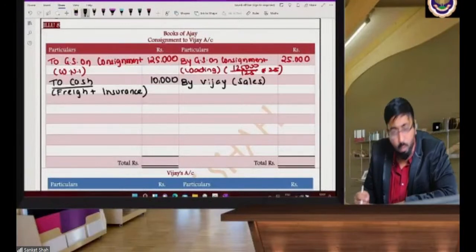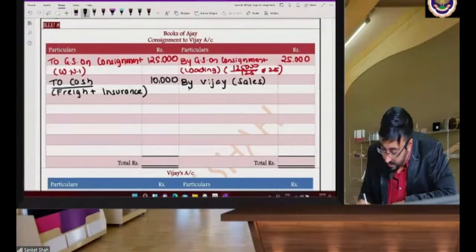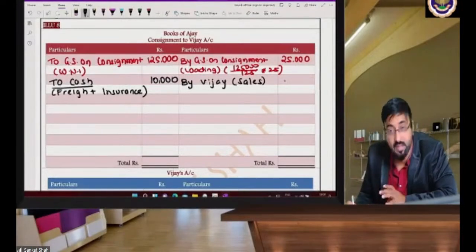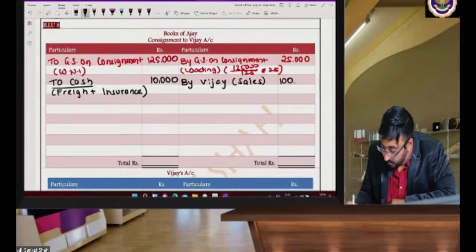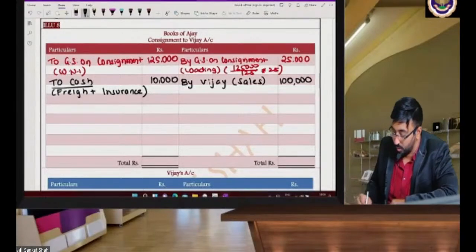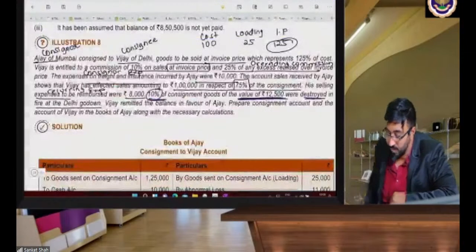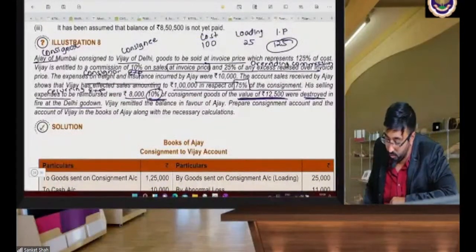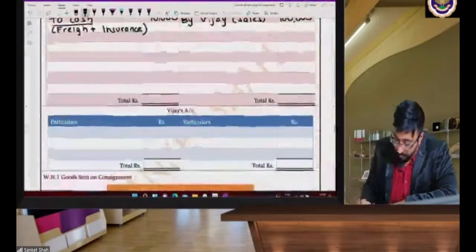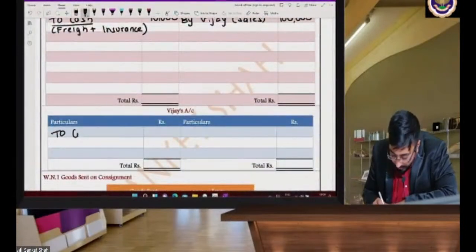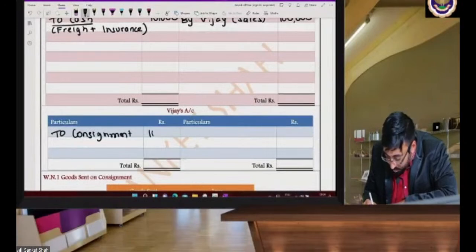So same format. Vijay sales, Vijay in bracket, it is sales. So 1 lakh rupees. And Vijay account debit to consignment. This is 1 lakh rupees.